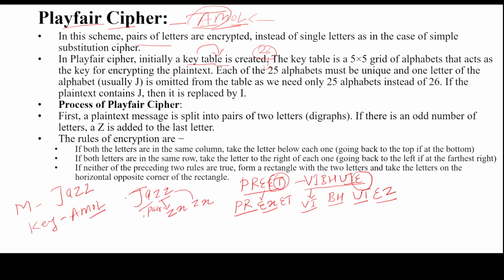Now coming to the next rule, it is saying that whatever key is there, that key value we have to add into the 5 by 5 matrix. So here I am generating one 5 by 5 matrix.